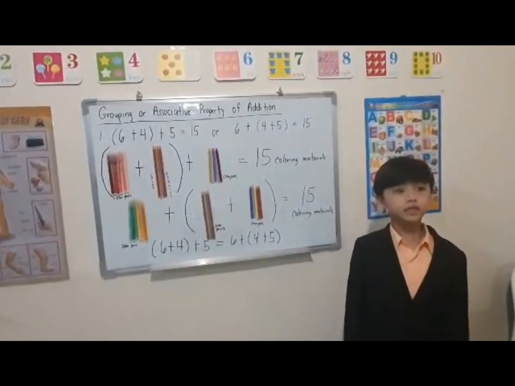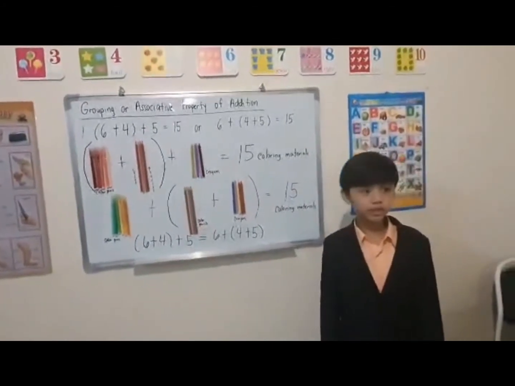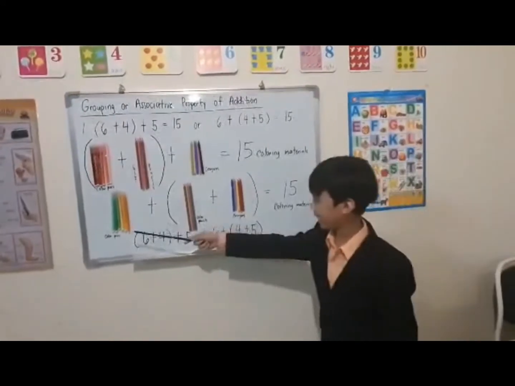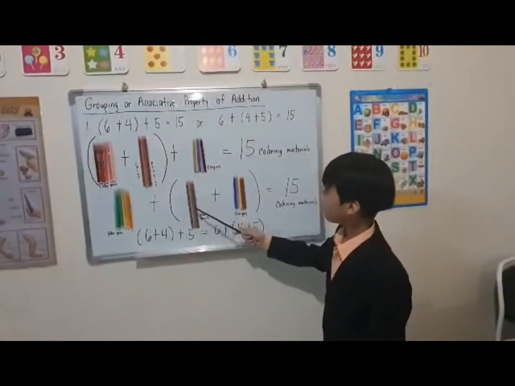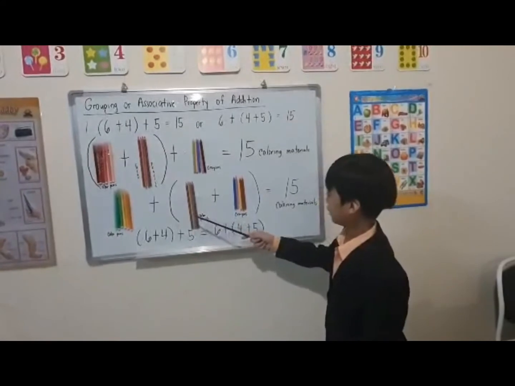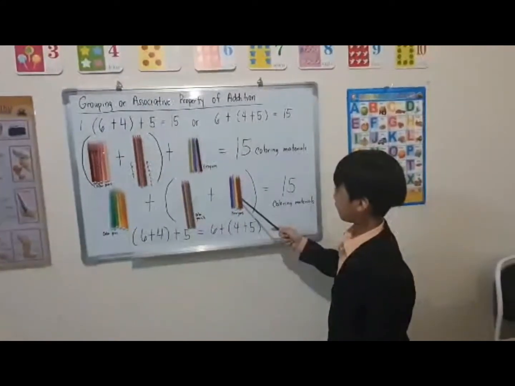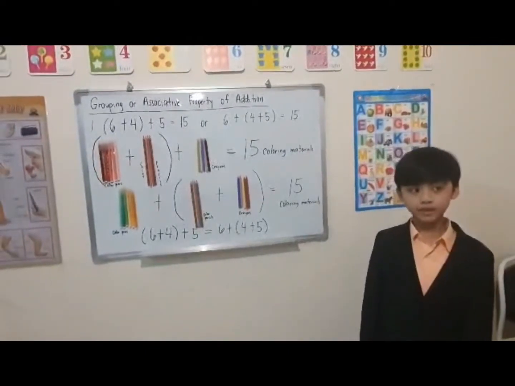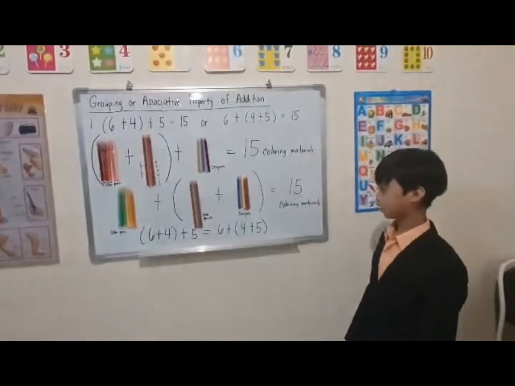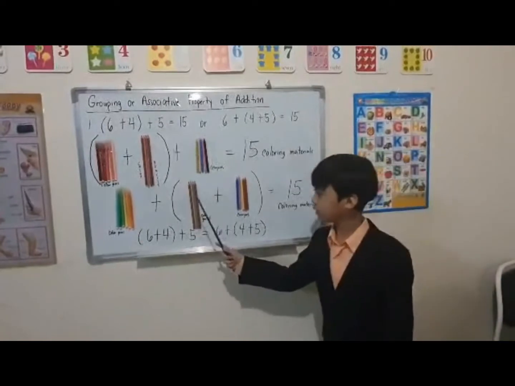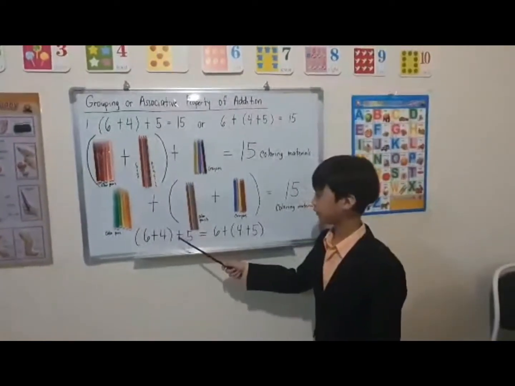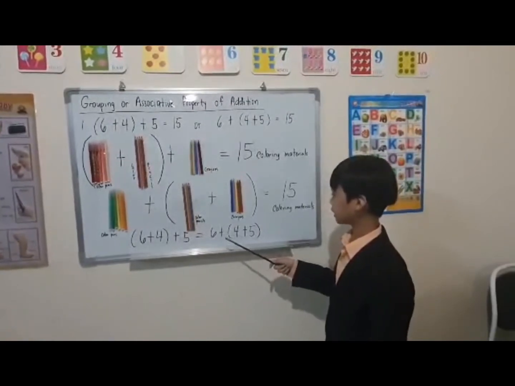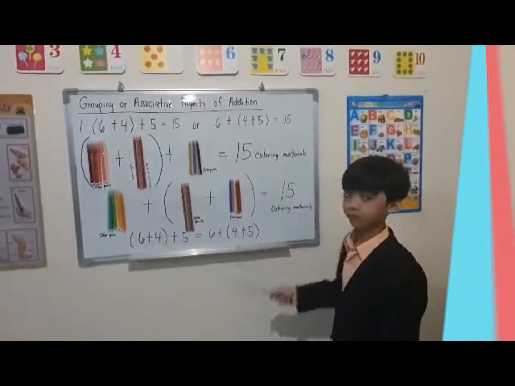If we change the grouping of the addends to 6 color pens plus 4 color pencils and 5 crayons in the parenthesis, the answer will also be 15 coloring materials. Therefore, parenthesis 6 plus 4 parenthesis plus 5 equals 6 plus parenthesis 4 plus 5 parenthesis.